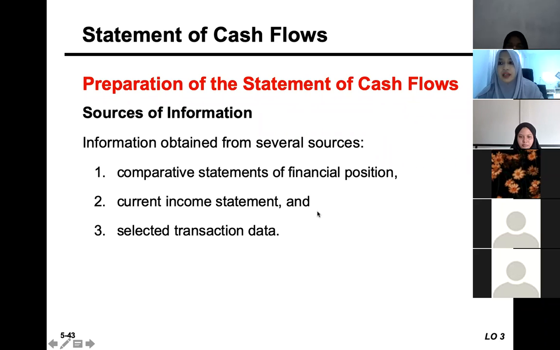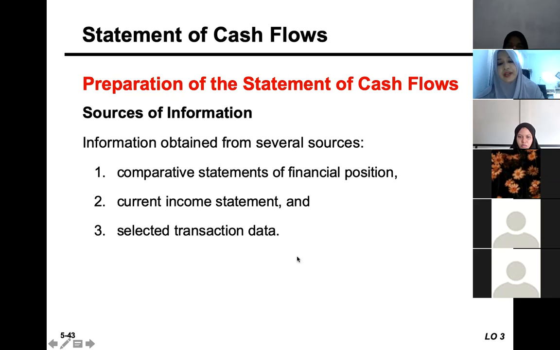And if you have learned to prepare the statement of cash flow, you have 2 methods, indirect and direct method. Normally, the company uses the indirect method. In the indirect method, we start from the net income that can be derived from the income statement.